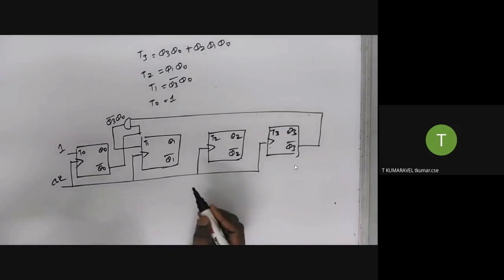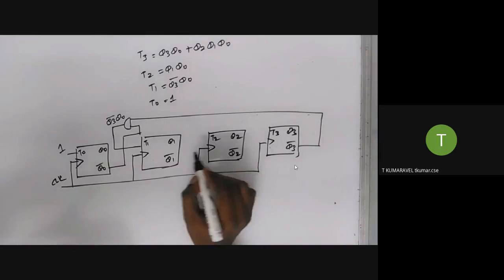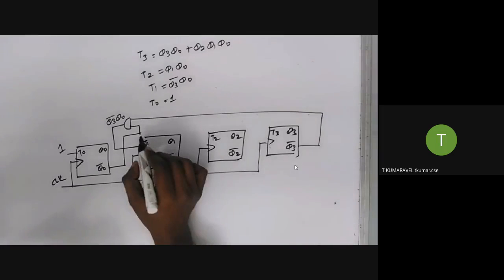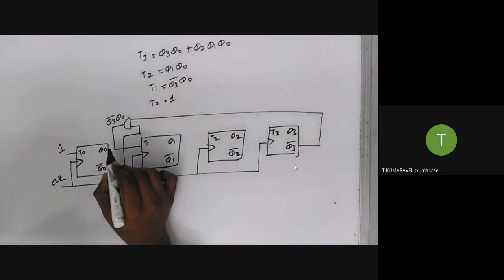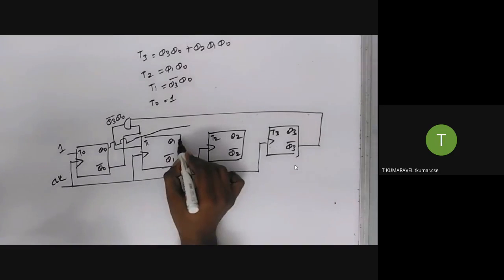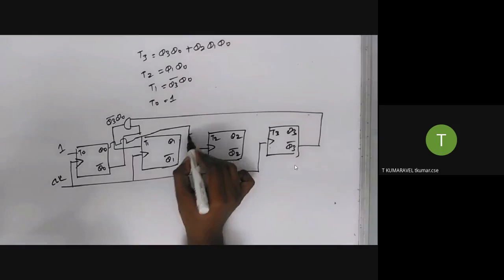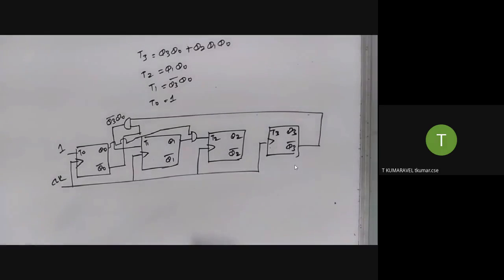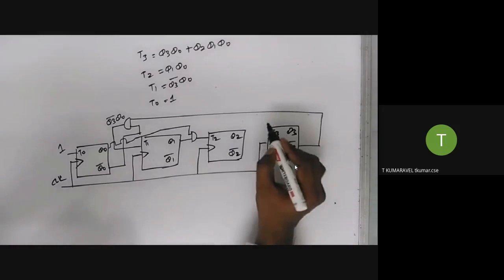What about the next one, T2? The input for T2 is Q1 Q0. This is the input for T2. What about T3?